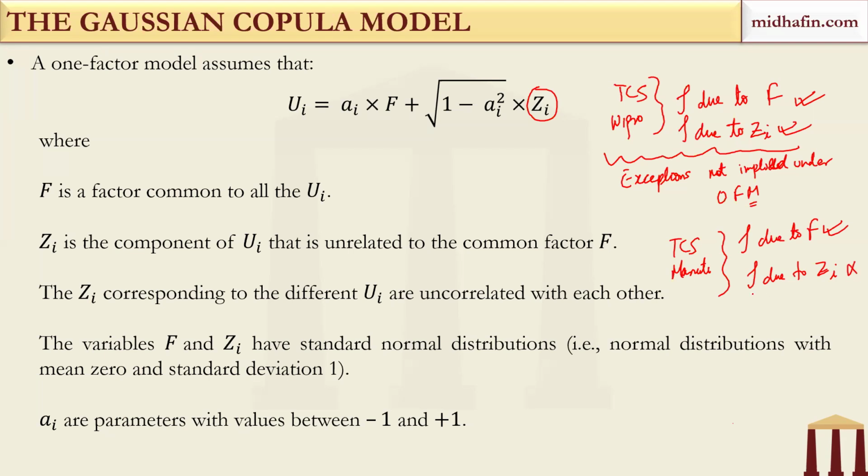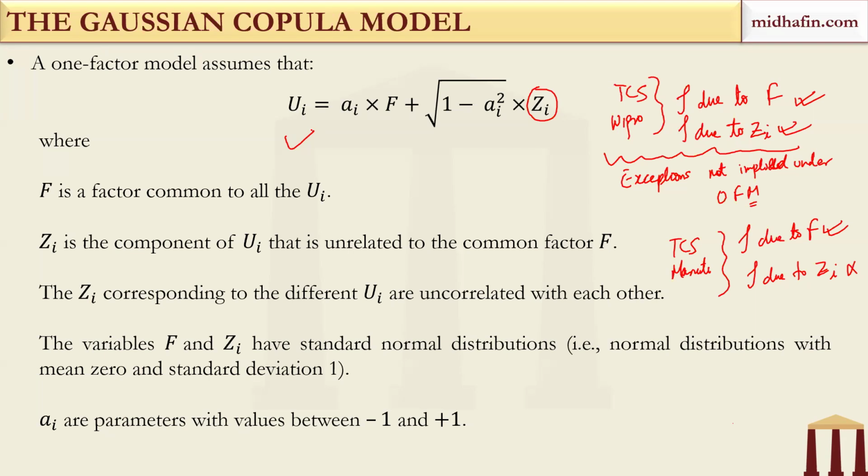No. As compared to the relationship between TCS and Wipro, they don't have too many common company specific factors. Correct, Vedant. So that is why this one factor model can be applied to most of the companies which are in different sectors, and they don't have any correlation between their idiosyncratic factors ZI. Still, this one factor model is a decent enough model even with whatever assumptions it has.